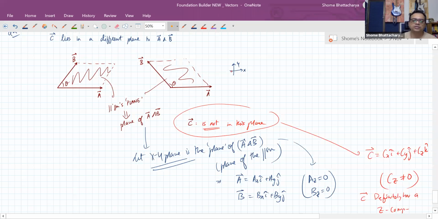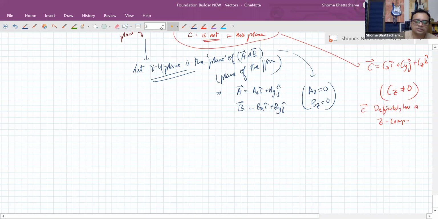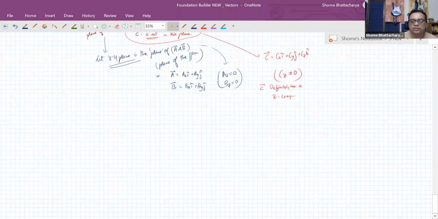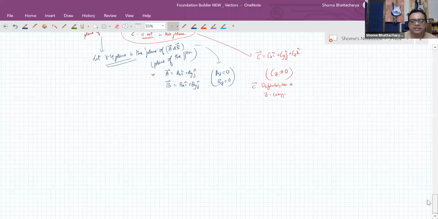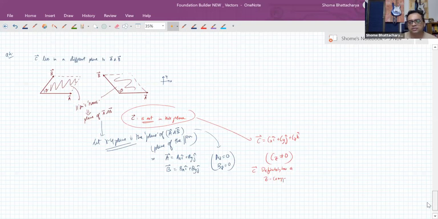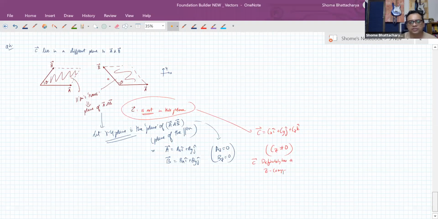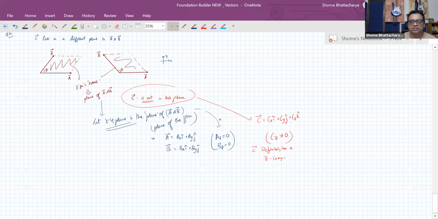It's not lying in the plane of the paper. It's lying somewhere else. It might be perpendicular to the screen, it may not be, but definitely it is not in the screen. Understood this point, beta? Is this point clear? You can visualize this now. Vectors A and B are lying in the plane of the screen, but C is not lying in that plane. It is lying somewhere outside that plane.